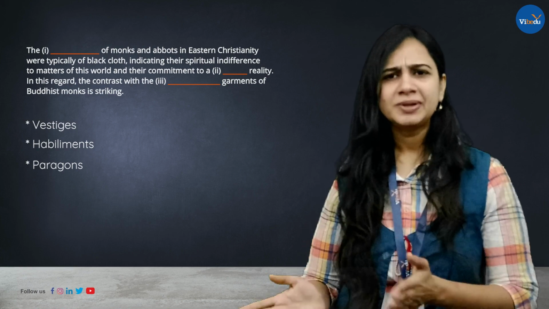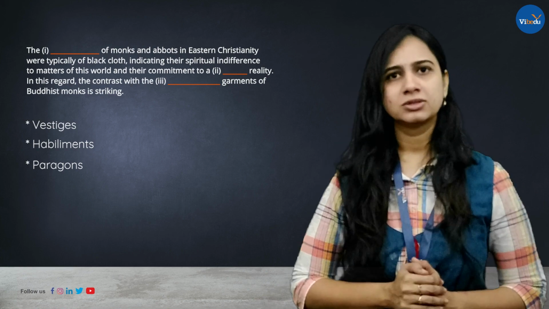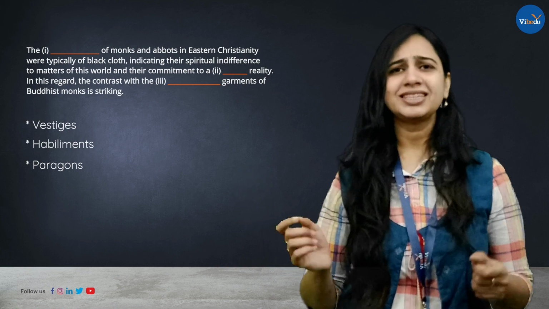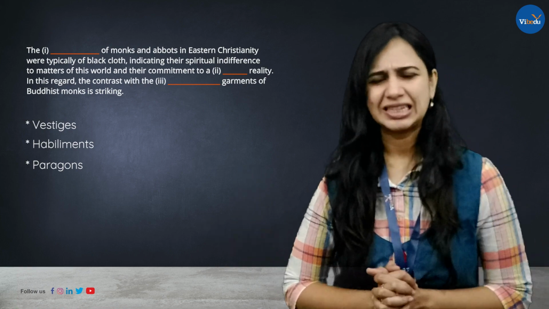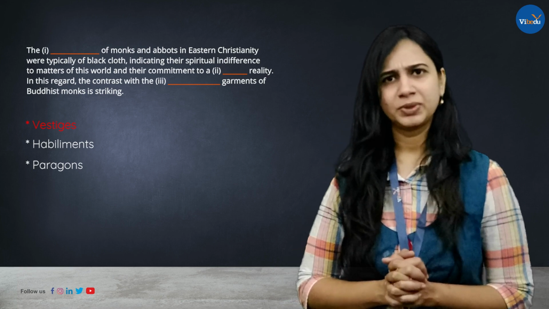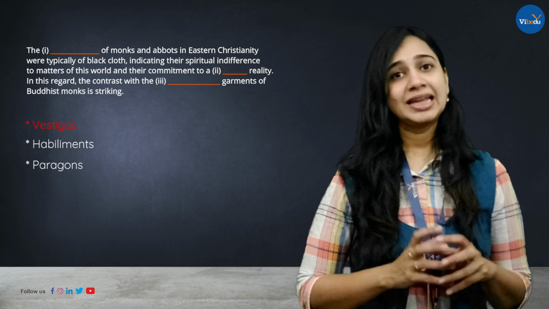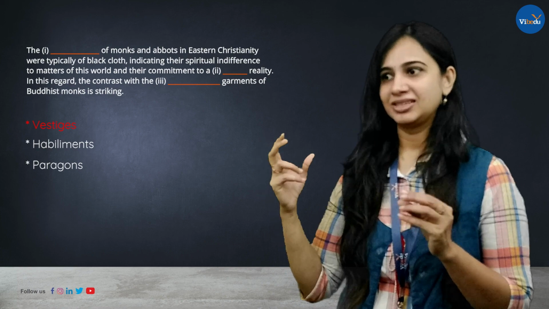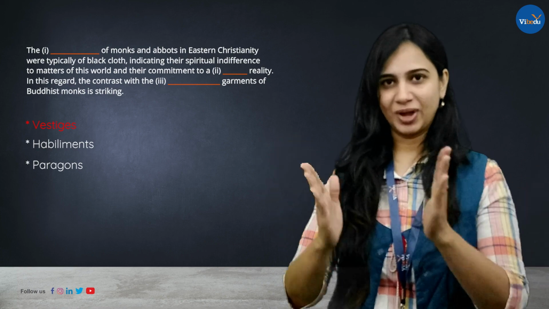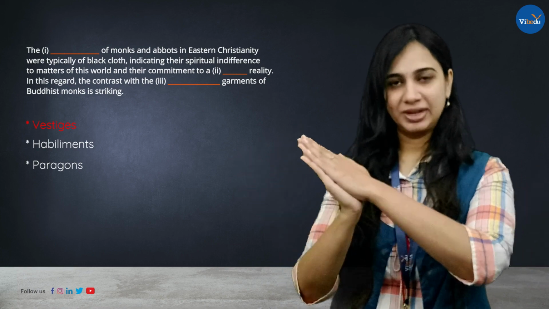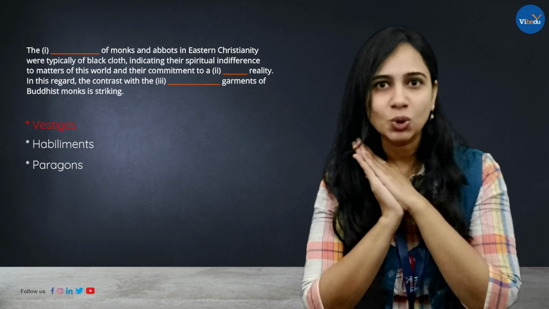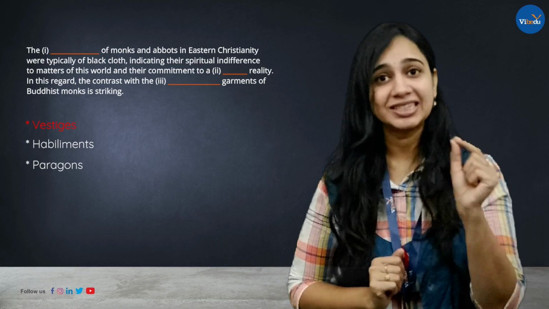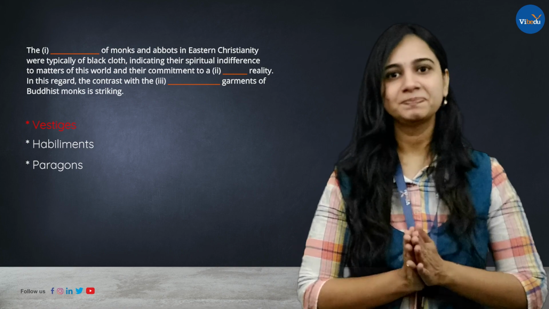Let's have a look at the first box for answers of the first blank. Vestiges, habiliments and paragons. Vestiges is no longer in existence, so there is nothing to do with vestiges. Habiliments are characterized dress, like some occupation is wearing some kind of dress only, that is called habiliment. Yes, dress code is a perfect synonym for habiliment.